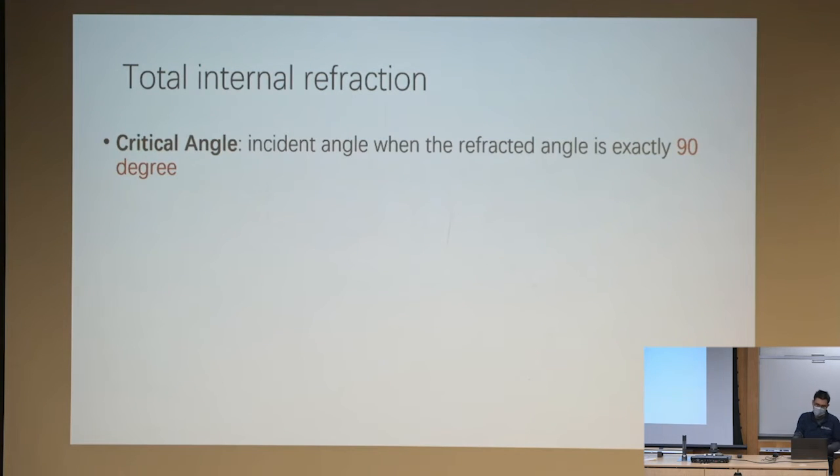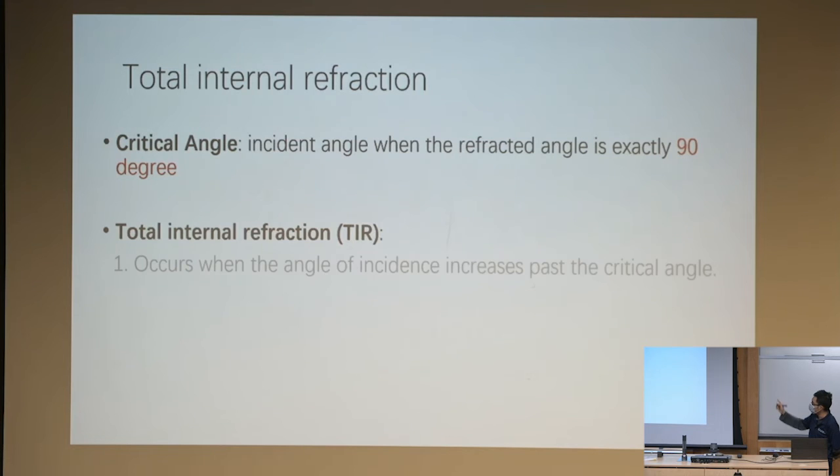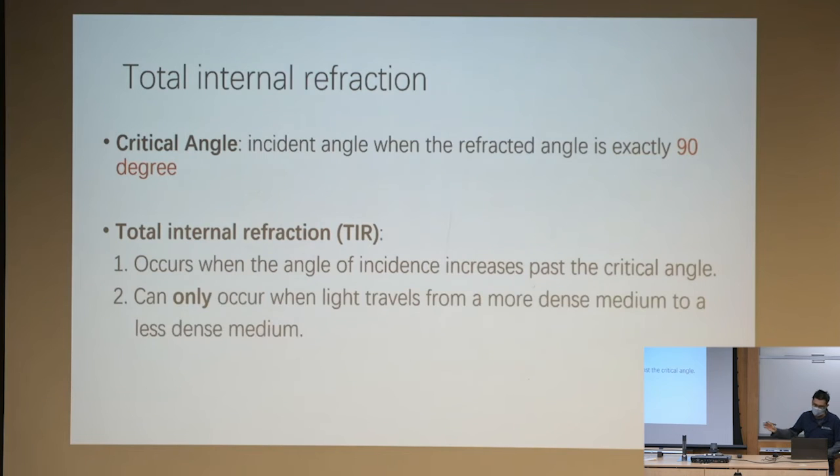There are a couple of conditions it will satisfy in total internal reflection. The first is the critical angle, meaning the incident angle when the refracted angle is exactly 90 degrees. It only occurs when the angle of incidence increases past the critical angle.